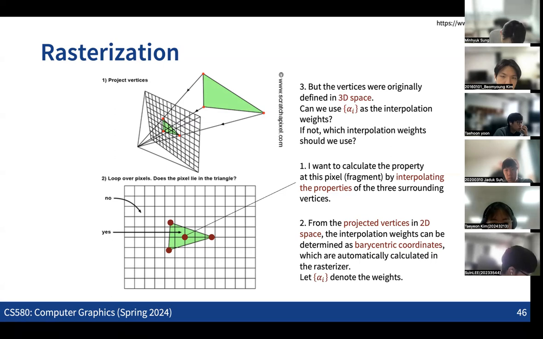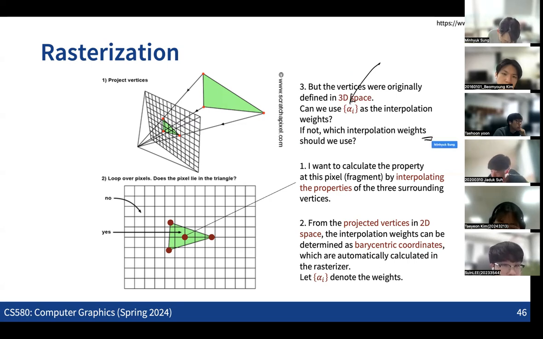We have these barycentric coordinates, which define the pixel point for which we want to calculate the properties by interpolation. But for the interpolation, we should not directly use these weights to get the property outputs, right? So what weights should we use instead of this alpha, while we are specifying the position of the pixel using this alpha? That's the big question in the rasterization.